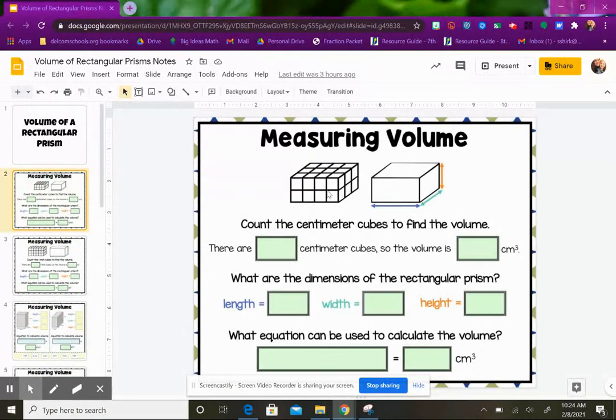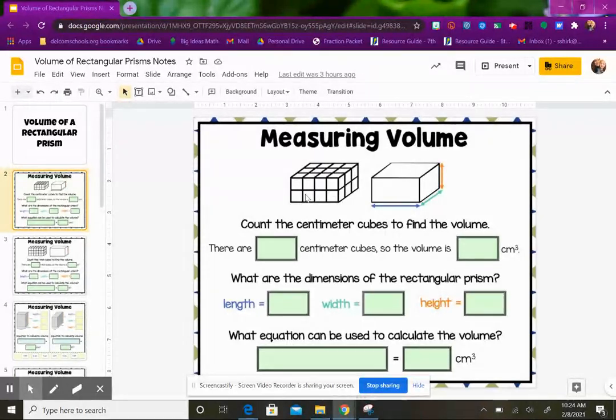So I want you to count the centimeter cubes to find the volume. Basically I want to know how many cubes are here. Let me give you a second. We had quite the debate in second period about how to find the volume of this without knowing the formula.